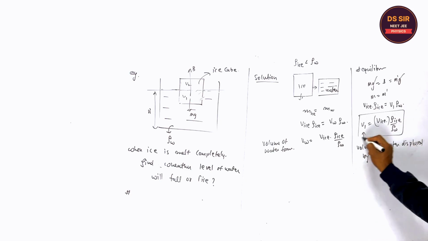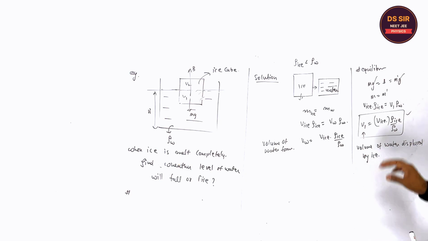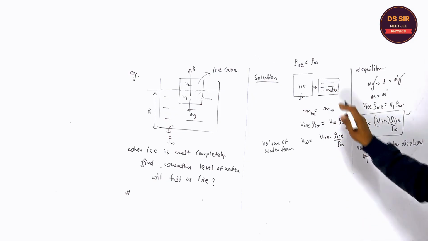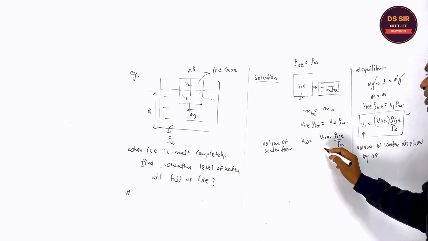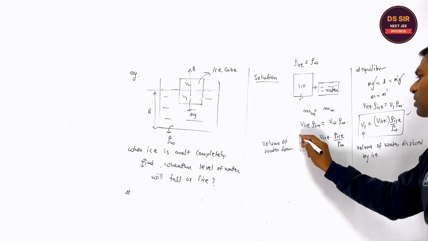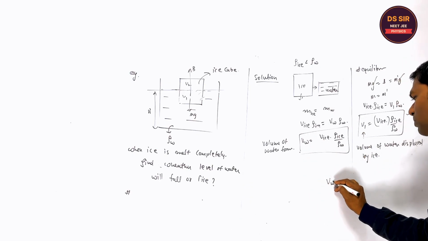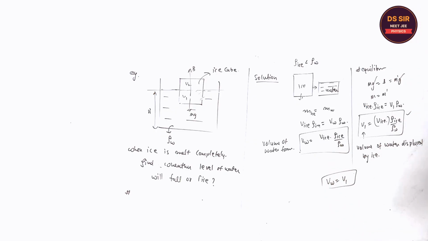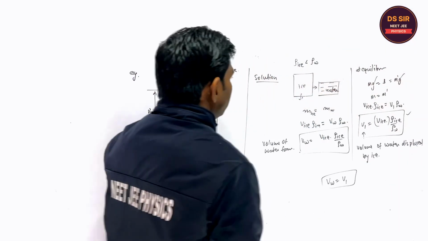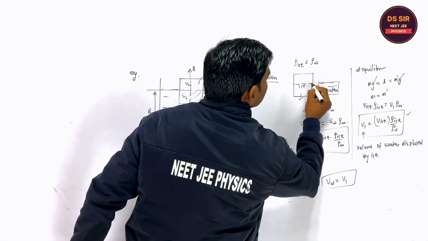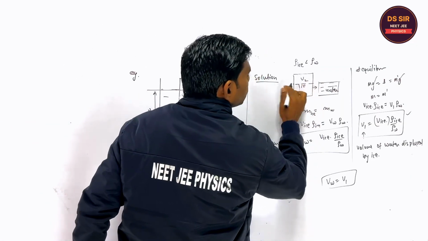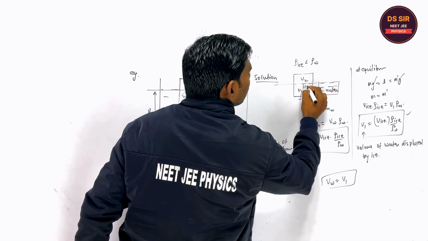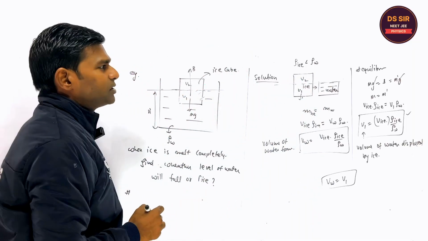This is the volume of the water displaced by the ice. When the water is formed, are the volume of water formed and volume V1 the same or not? What does it mean? Listen, this is the volume outside in the air, this is the volume inside the water.